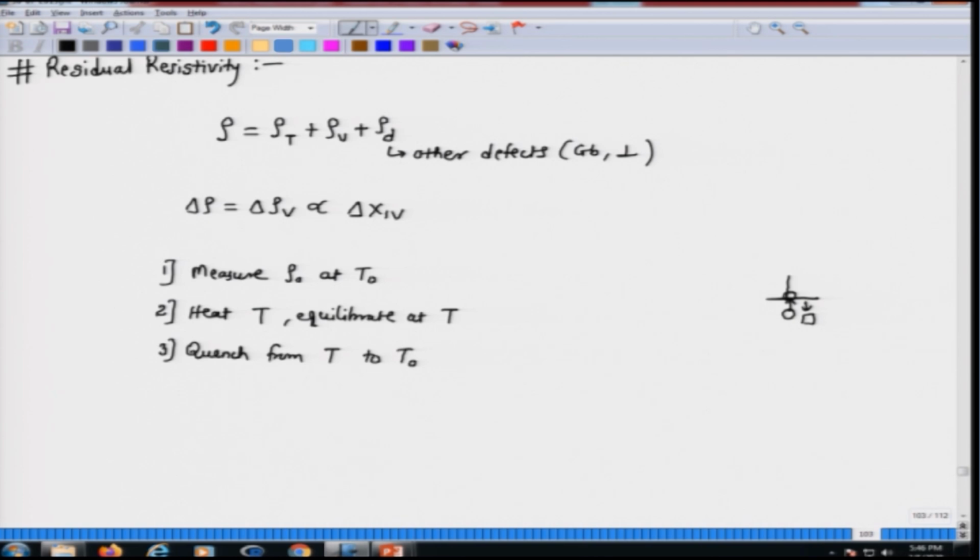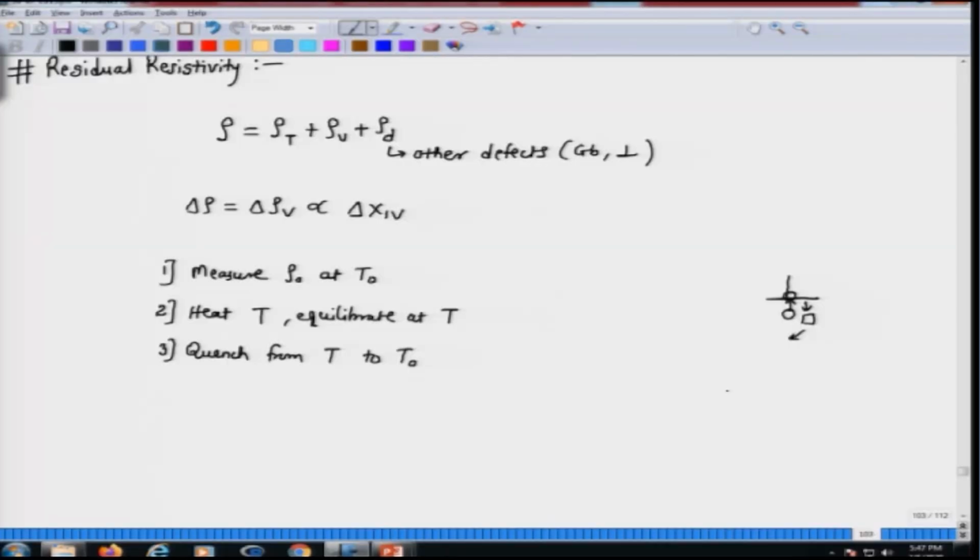Now, when the equilibration starts at higher temperature, the vacancy concentration near the defects would be very large, but equilibrium wants the vacancy concentration to be uniformly distributed throughout the bulk of the crystal. So, the vacancies have to diffuse to the other parts of the lattice, and the equilibration takes some time.